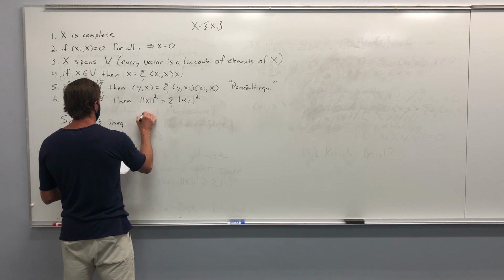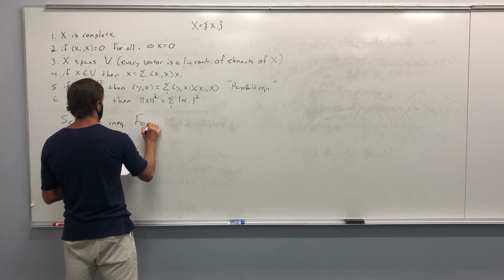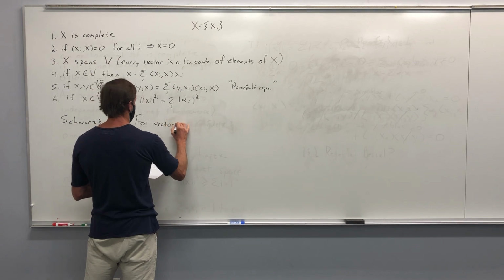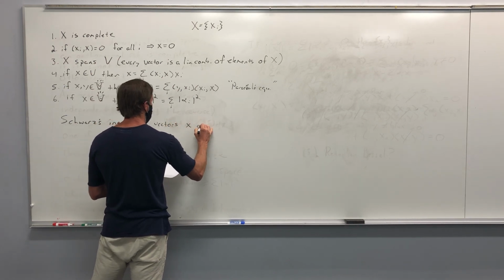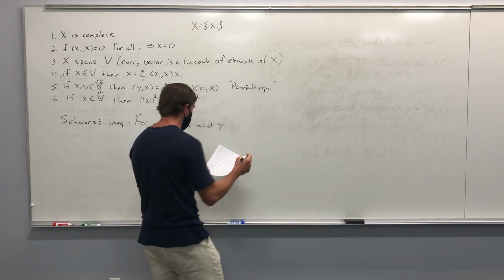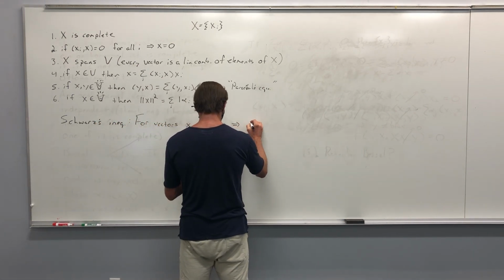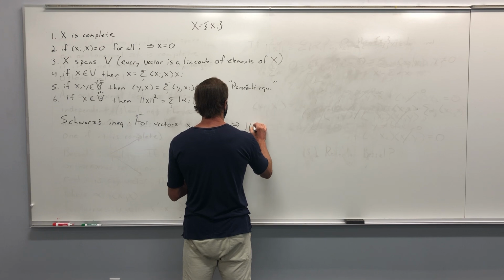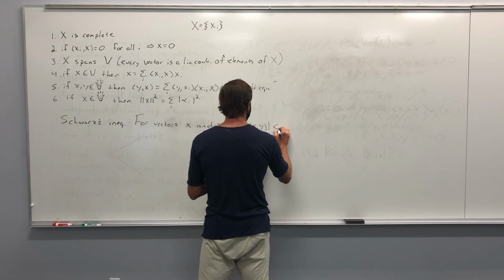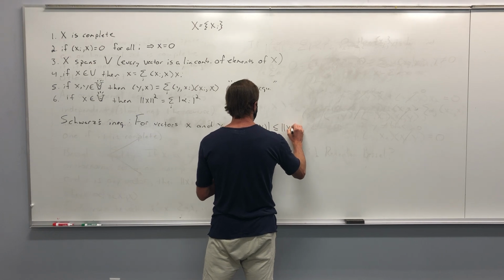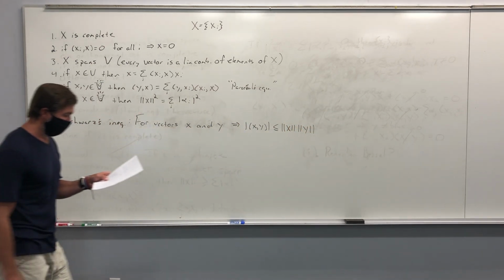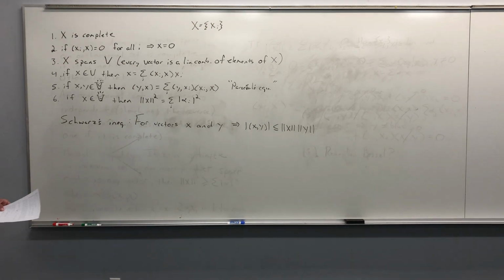This says, for vectors x and y in an inner product space, the magnitude of the inner product of x and y is less than or equal to the magnitude of x times the magnitude of y.